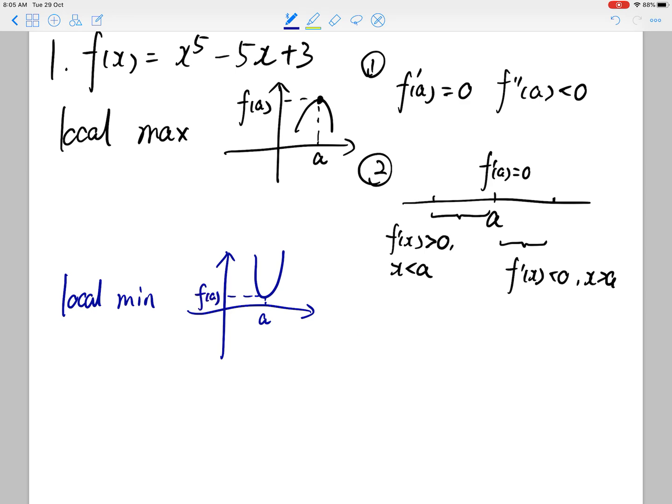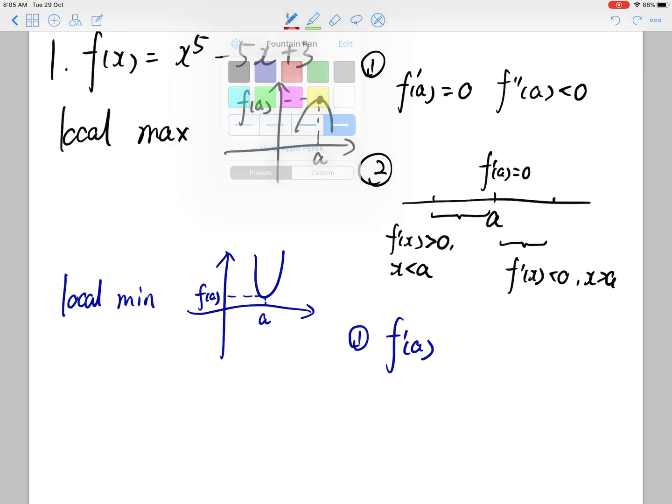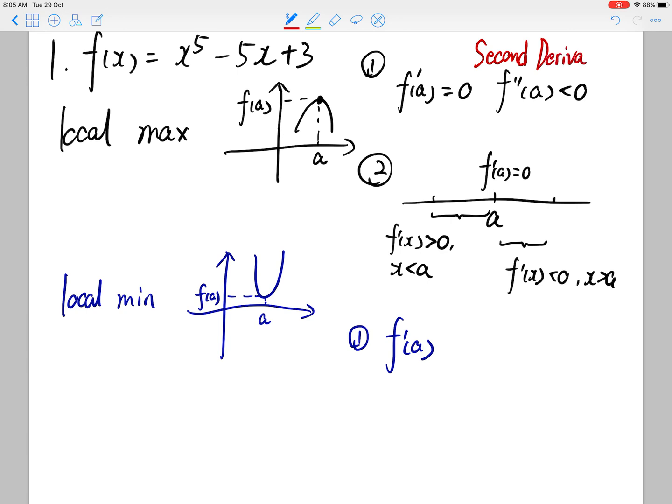Again, the first way is, by the way, this is called the second derivative test. And this method 2 is called the first derivative test. Both of them tell you whether this point is a local maximum.